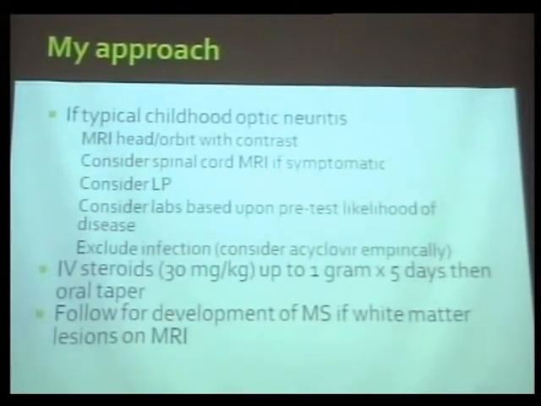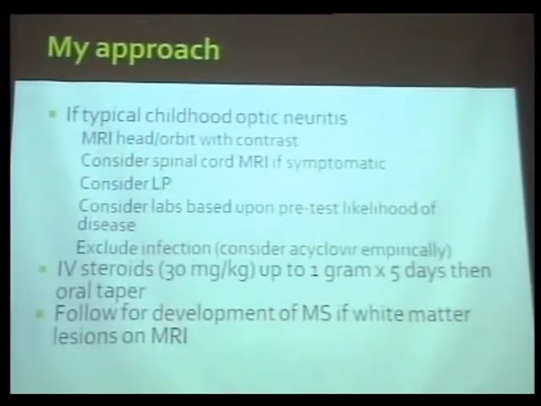with acyclovir. I give them intravenous steroids once I've made sure it's not infectious, and I dose it based on the kid's weight, because we can't just give everybody a gram a day like we do in adults: up to a gram a day at 30 mg per kg for 5 days, and then an oral taper. So it's a little different than the optic neuritis treatment trial because the dose is based on weight, and the duration's different because I'm trying to get those white matter lesions in the brain to go down.